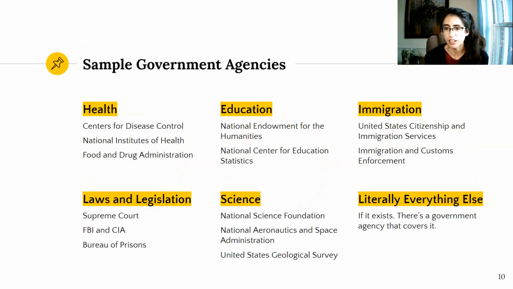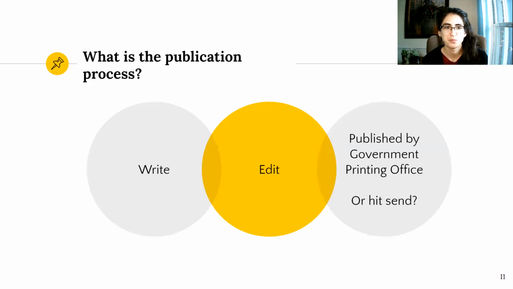Immigration, we are aware of ICE, Immigration and Customs Enforcement, as well as Citizenship and Immigration Services. Laws and legislation, we know the FBI, the CIA. Science, most of us have heard of the NSF, the National Science Foundation, and then literally everything else. If it exists, there's a government agency that covers it.